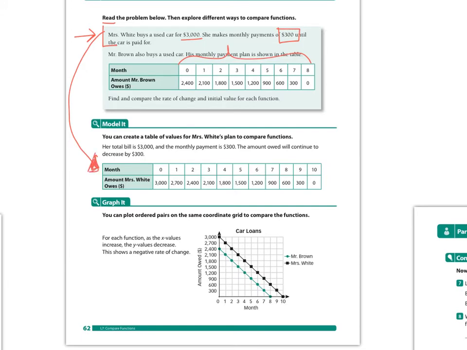Again, in our table, when we are at time 0, whatever the other value is, 2,400, 3,000, that's your initial value, right? When your x value is 0, the other number, the y value, that's your initial value. So again, start to see that.